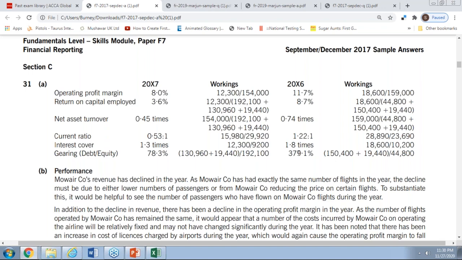Now the gearing, you can see here, previously we had 379.1% gearing, which means the loan component is more than three times higher than the equity. But now it's 78.3%, which was due to the repayment of the loan, and there is a substantial gap in the debt equity.